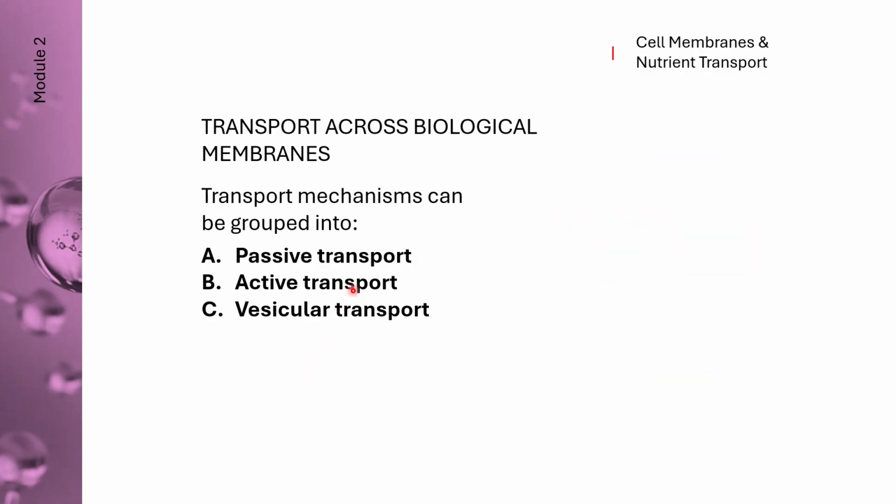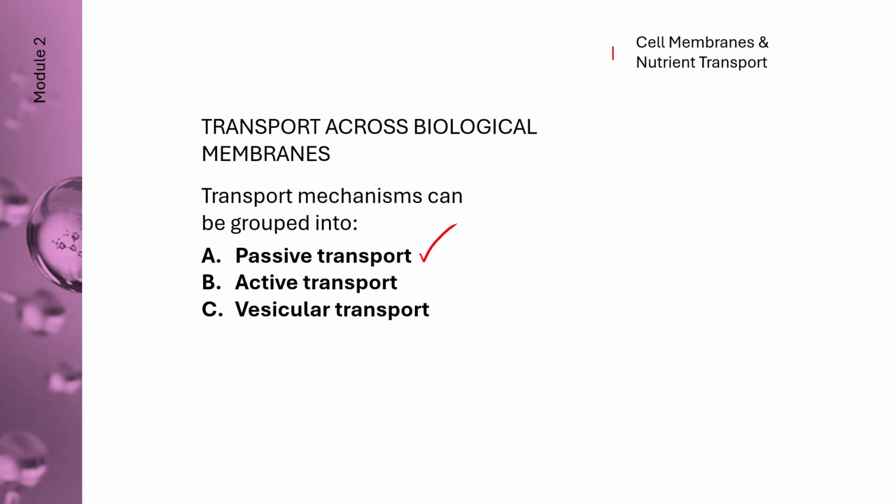Okay, so in this slide we're going to be looking at transport across biological membranes. How do substances transport? To make it easy for us to understand, we're going to be looking at the transport systems under three generic arms. And the first is passive transport.